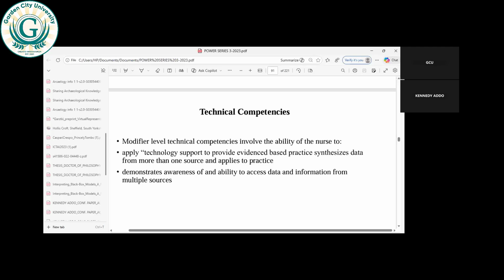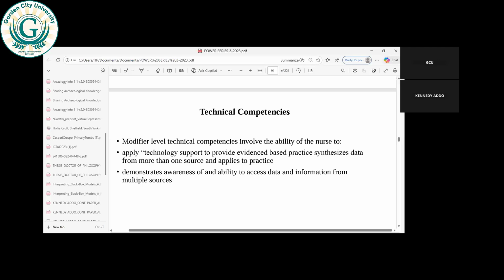So what I mean here is that you should be able to identify evidence-based information that can support any intervention on the system. You should be able to access information, I mean, online or different databases online, and see how you can use that as evidence to support any intervention you are embarking on, right?